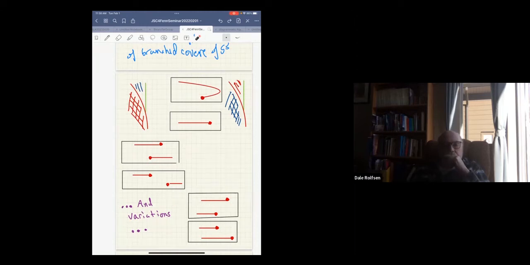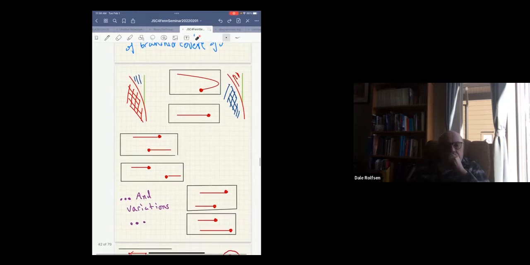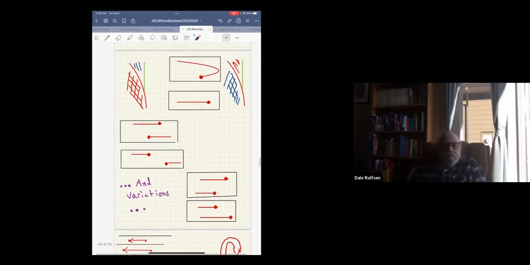I don't think that these pictures are exhaustive here. But I get tired when I write all possible versions of these. So we can bend black vertices around and we can move black vertices past each other.